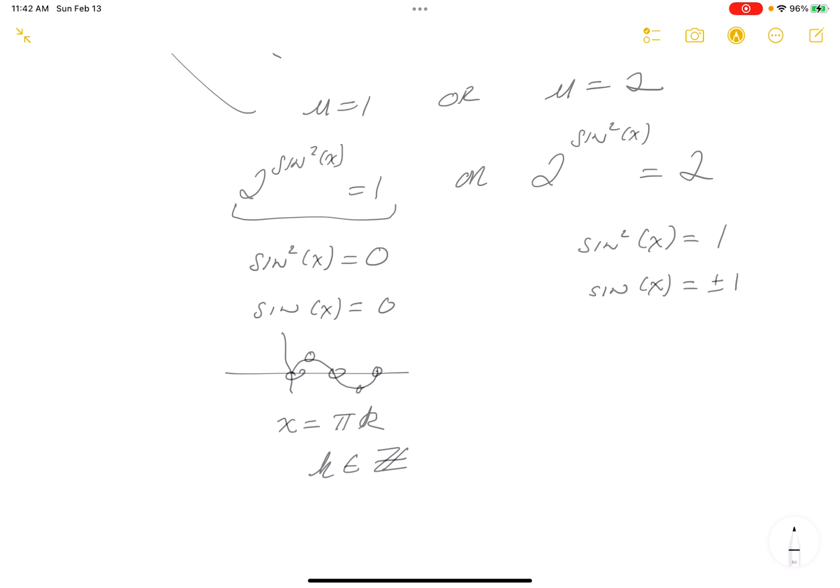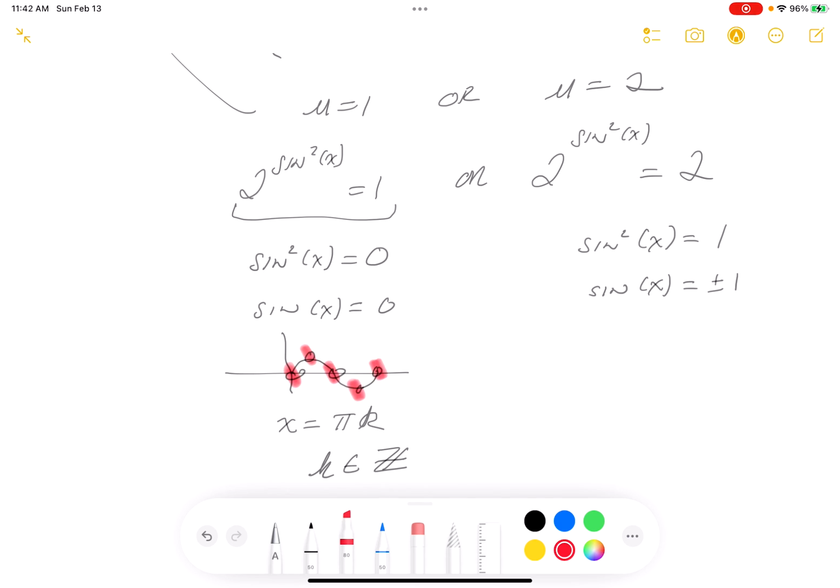Let me get my red pen out. I'm noticing it just hits here. So what is it really going to be? It's just the multiples of pi over 2. So I want to write that down for you. So instead of writing down answers in pieces, what do I now know? I know x equals pi over 2 times k. This is my final answer.